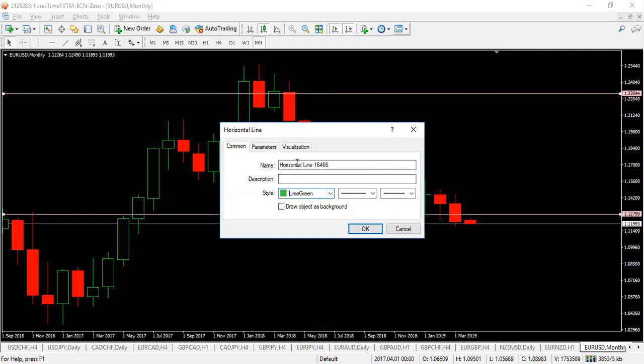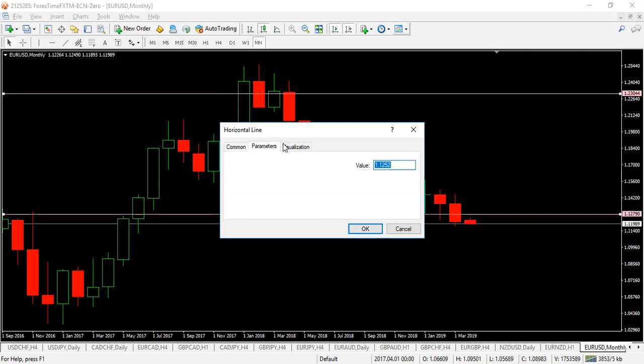The description can be weekly pivot line. The parameters have been inputted, visualization, all time frames. Okay to that. So I have the weekly.